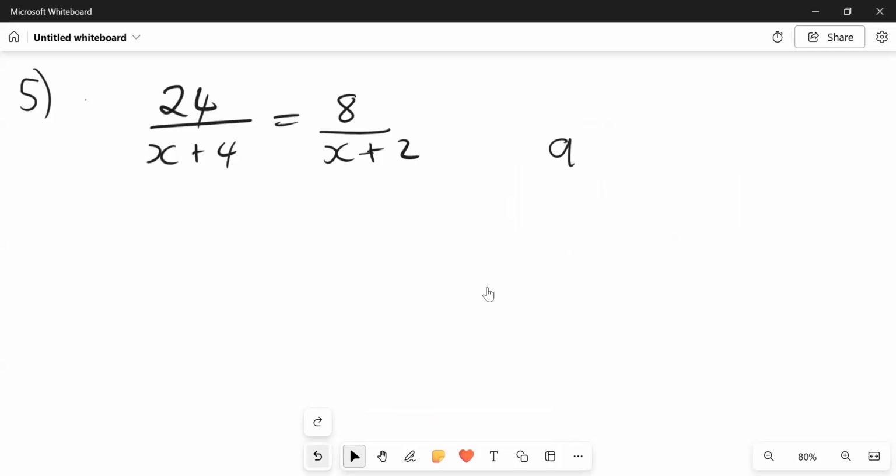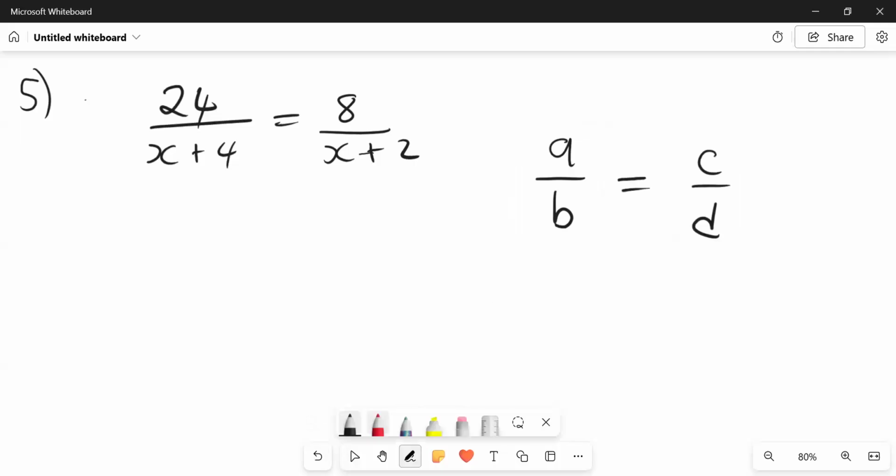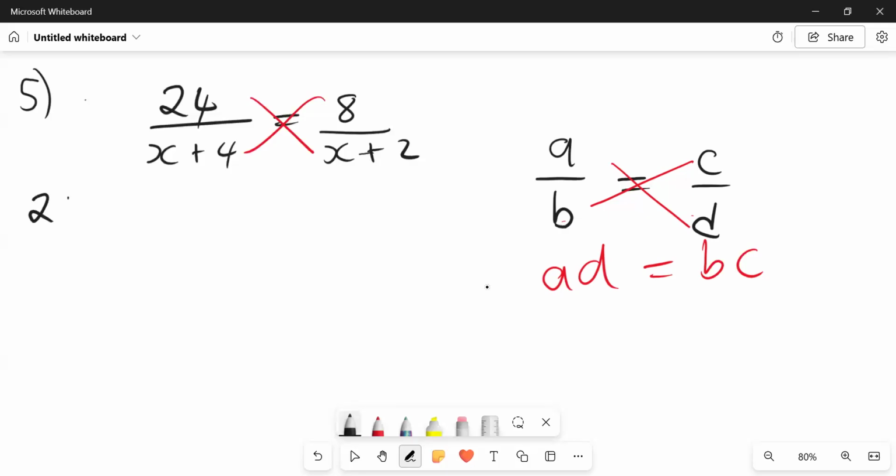So now, how do you cross multiply? When you cross multiply, A and D will be multiplied together, and then B and C will be multiplied together. That's what we have to do even here. So 24 will be multiplied with x plus 2. And then 8 will be multiplied with x plus 4, right?